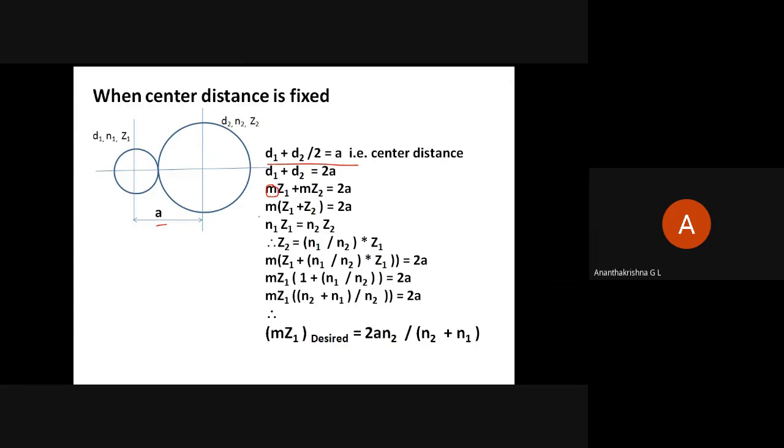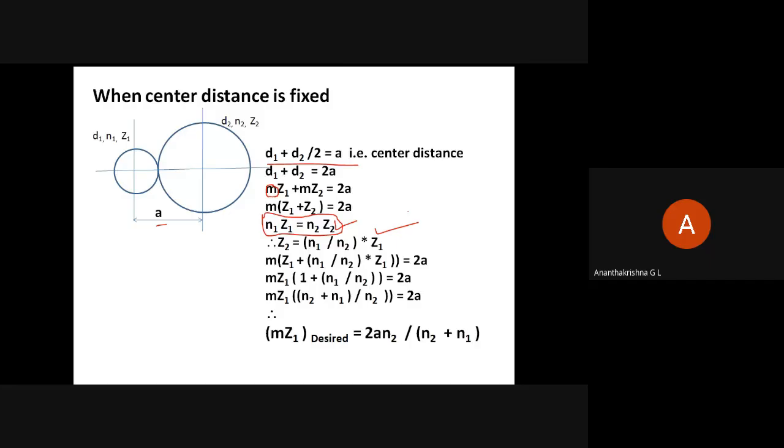And also we know that N1 Z1 is equal to N2 Z2. From this, I'm going to extract the value of Z2, which is N1 by N2 into Z1. So this Z2 value, I am going to substitute in the equation M(Z1 plus Z2) is equal to 2A.